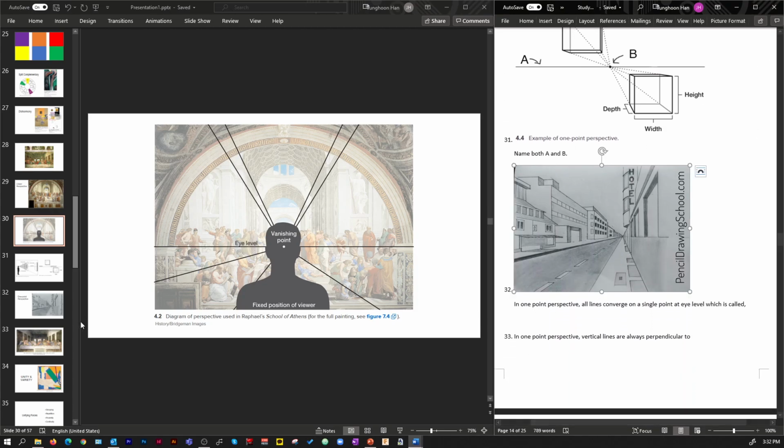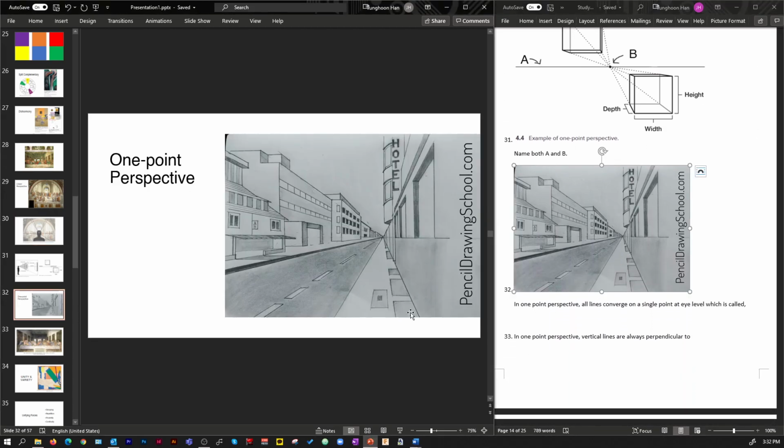In one point perspective, all lines converge on a single point at eye level, which, like I said, is the vanishing point. In one point perspective, vertical lines are always perpendicular to the horizon level. If you take a look at this example, you see all these vertical lines.